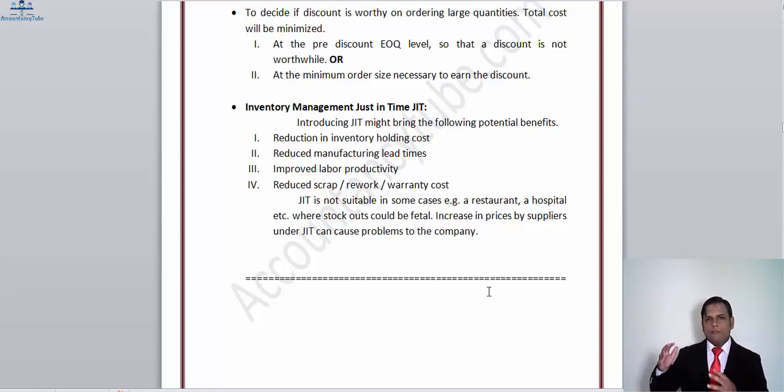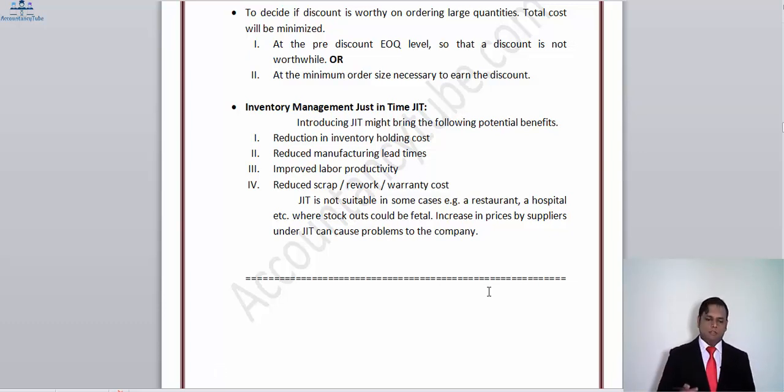Now, instead of keeping the stocks of raw material in its own premises, it gets the contract from its supplier that it will supply our business the supplies whenever they receive a call from us, and this is the average time in which they will deliver the goods to us. So this is how the just-in-time inventory management works.